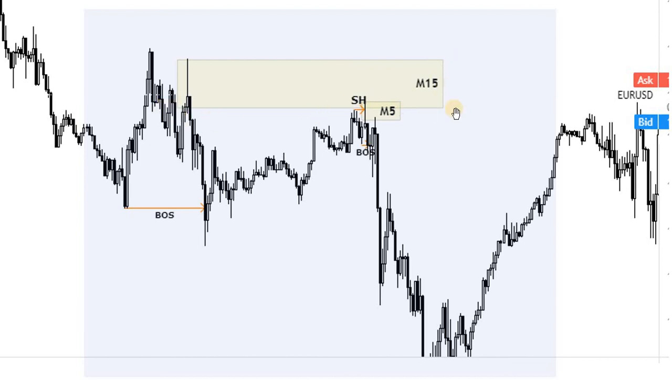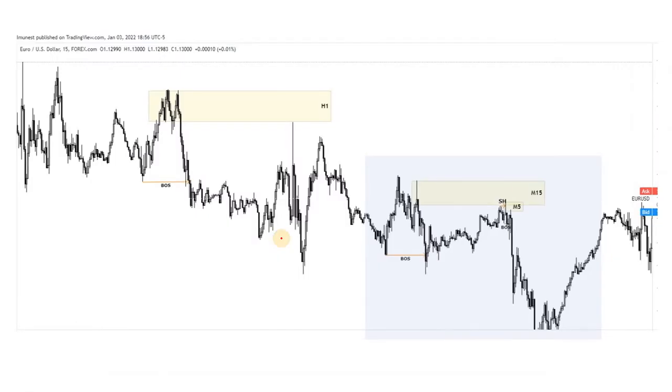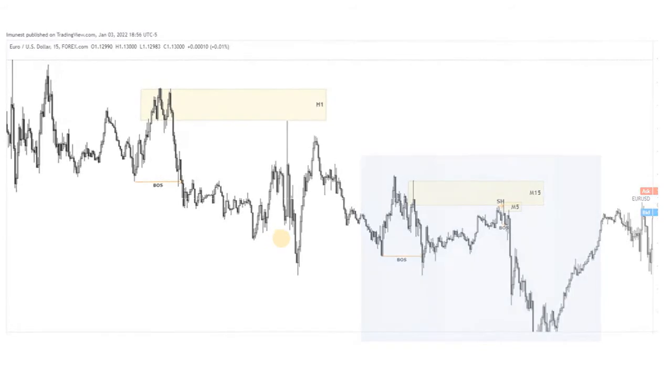So some of us can decide to take our limit from this 15 minutes order block and target this low. But what I like doing is to scale down and look for a confirmation entry on a much lower time frame. For instance, we scale down to the 5 minutes time frame, and this is exactly what we have.